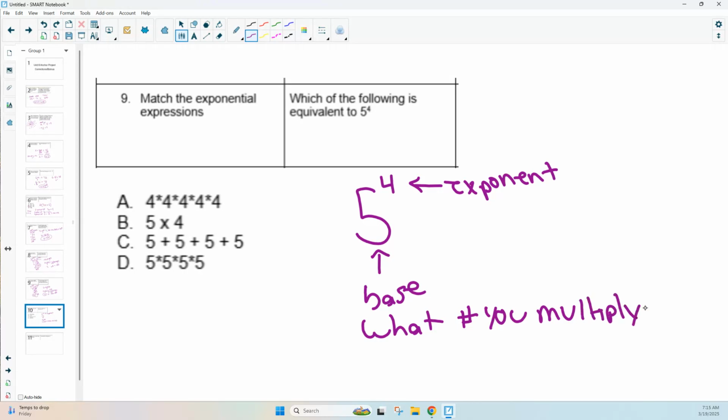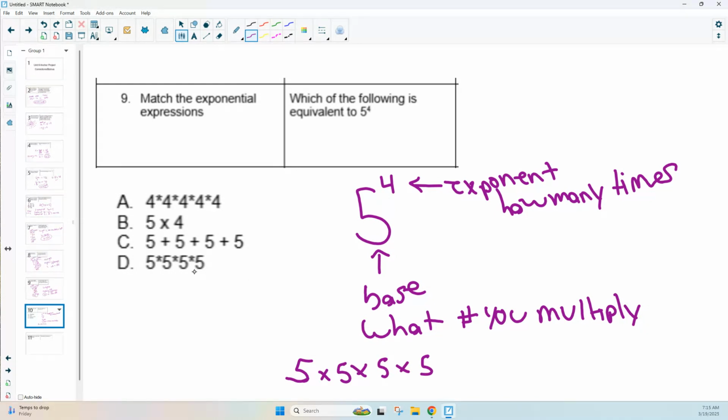So we are multiplying a 5. Our exponent is how many times we are multiplying. So we are multiplying 5 times itself 4 times, like that, which is option D.